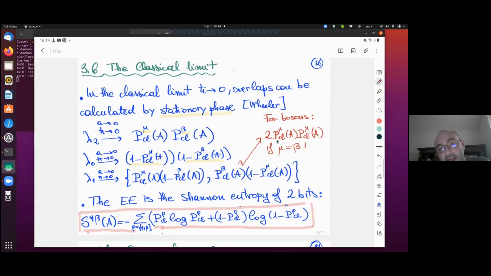There is just one eigenvalue with a multiplicity factor 2. And this changes completely the entanglement entropy, because now this formula doesn't hold anymore.